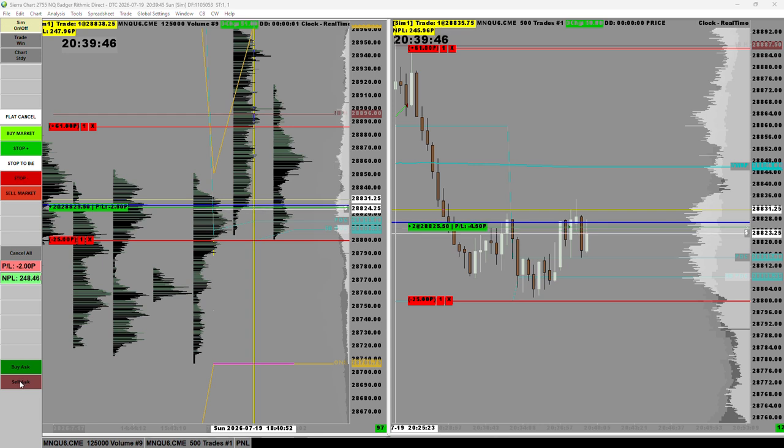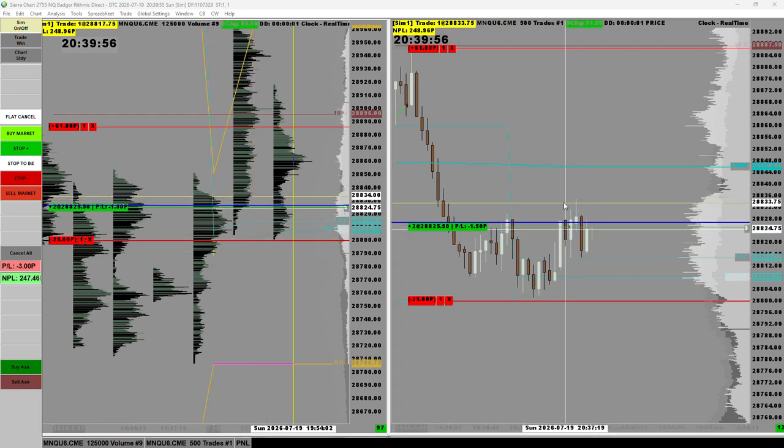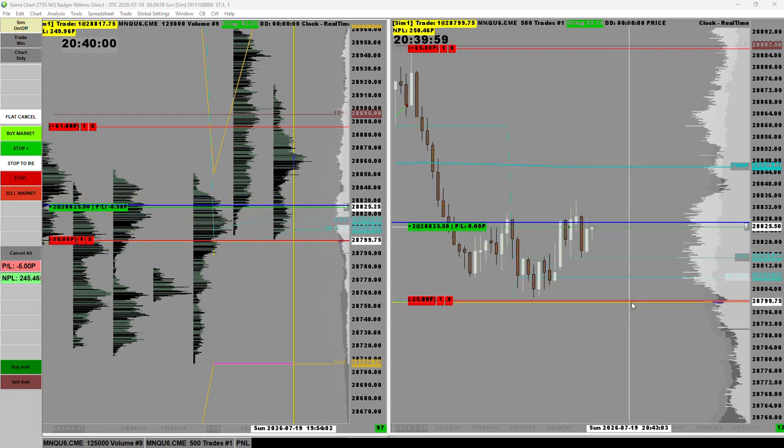I don't know if I'm convinced this is going to do anything. Price needs to kind of accept in the wick here. That's what I'm anticipating. The price has to accept in that wick.